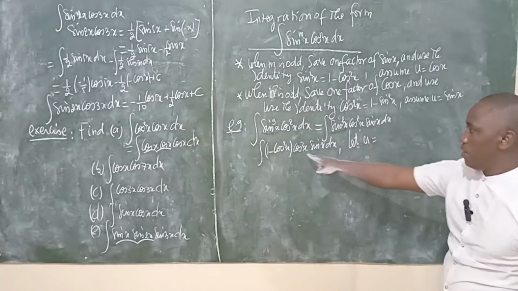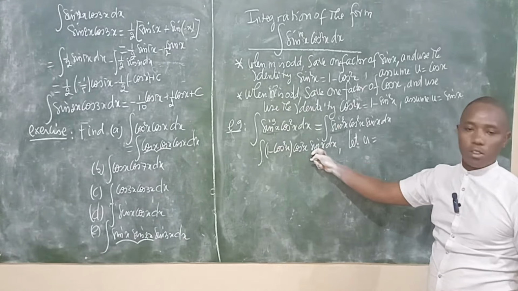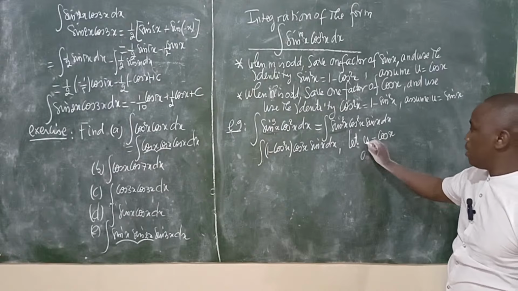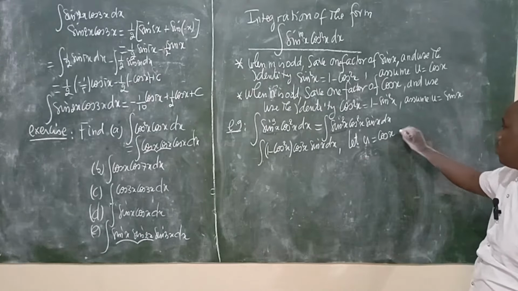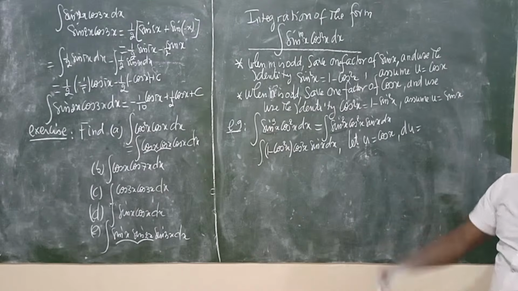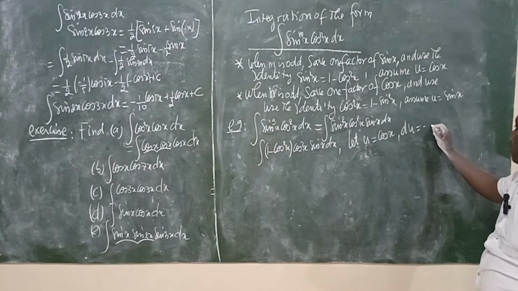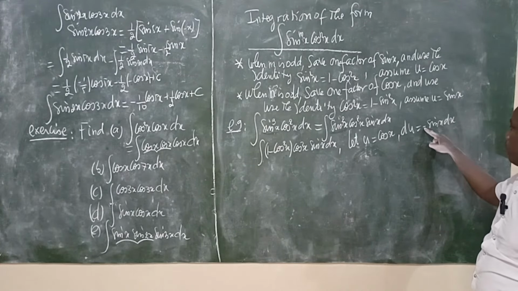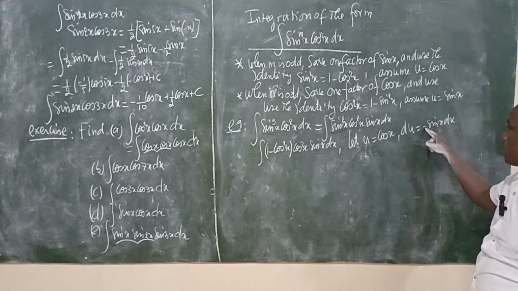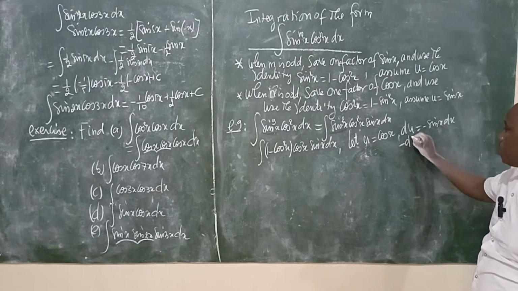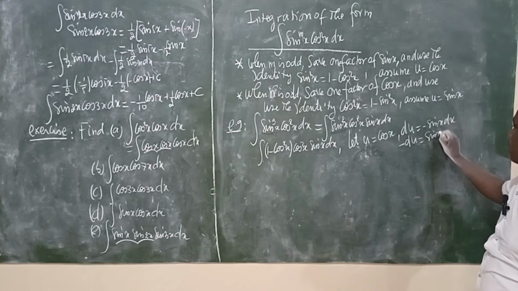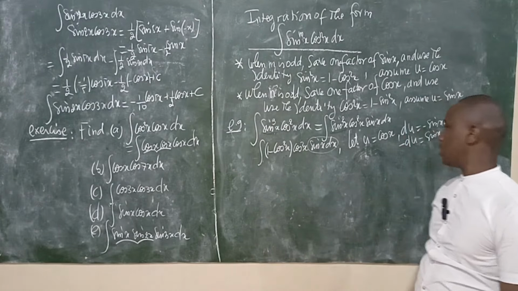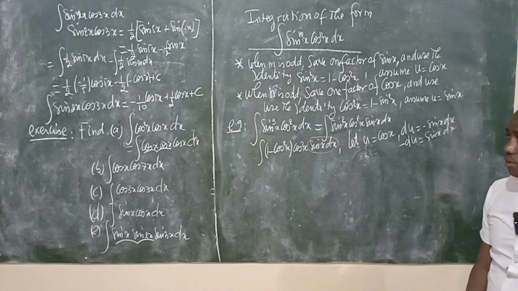Let u be cosine x, because here we have cosine and we saved the one factor of sine. The derivative of u, what is the derivative of cosine? Guys, that is minus sine x dx. So multiply minus on both sides, or take this minus here to have the du. This is sine x dx. Now we have this replaced by minus du.